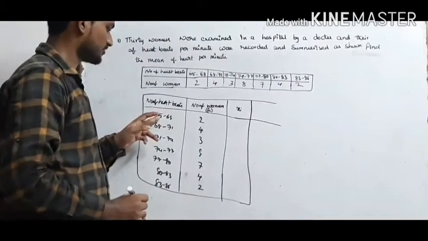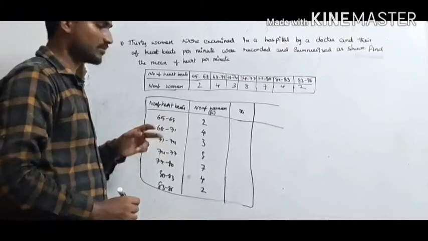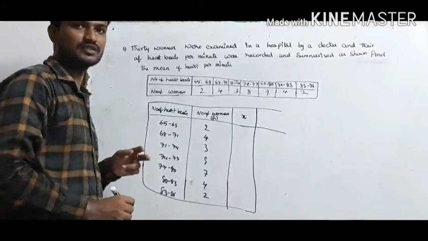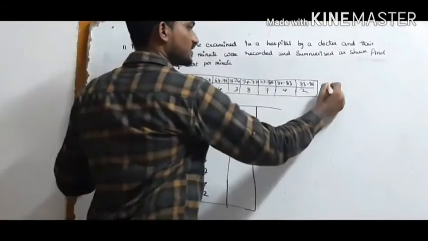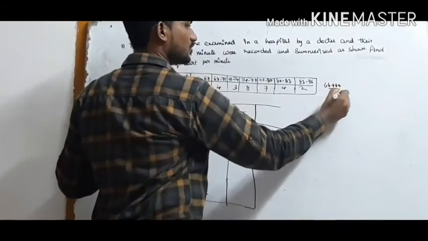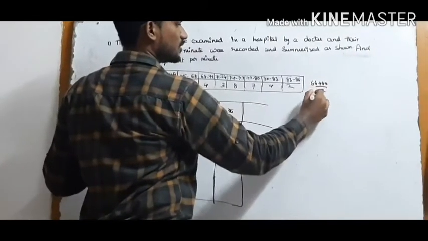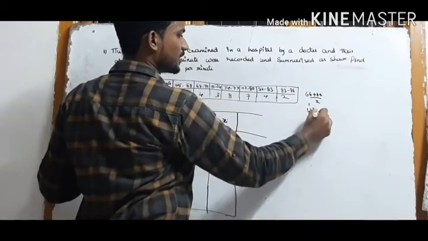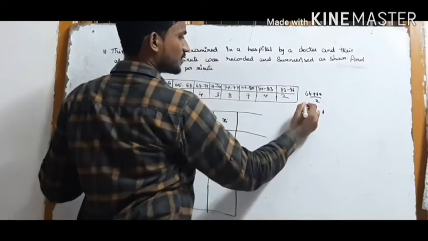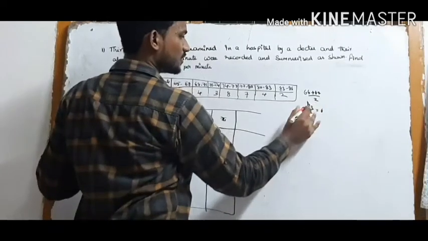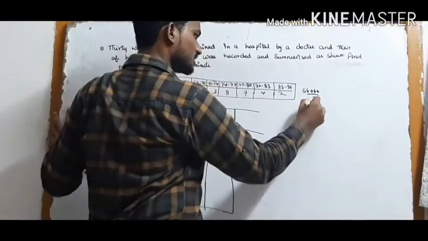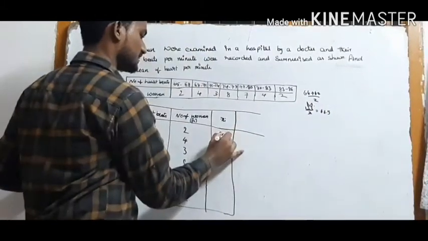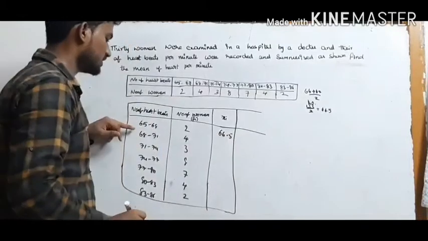For 65 and 68, the middle is the average of the two terms, 66 and 67, that is 66 plus 67 by 2, which is 133 by 2, that is 66.5. So 66.5 is the middle term of this class interval.